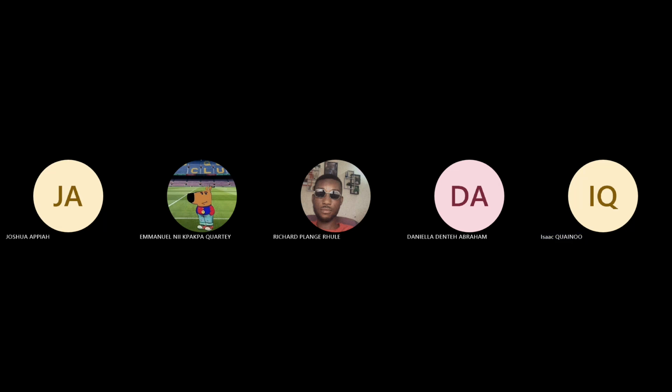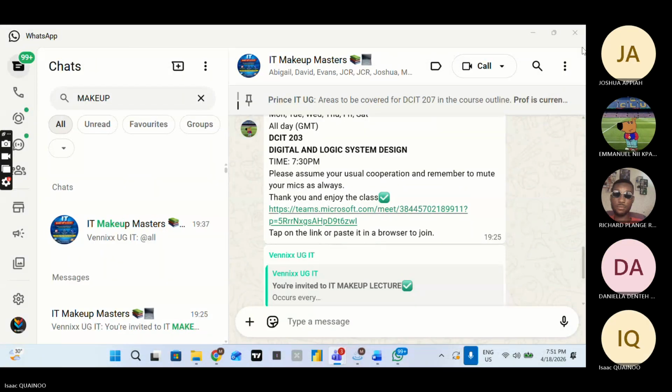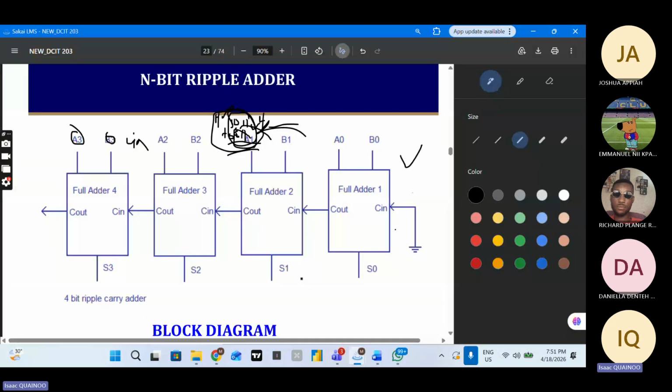So I was earlier indicating that we had 1011, right? The second one is 11, so we are going to fill the rest of the bits with zeros. In this case, the last bit here becomes our A0, then this bit becomes our B0.